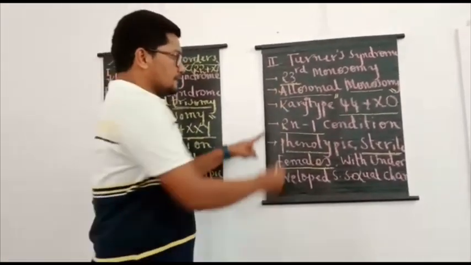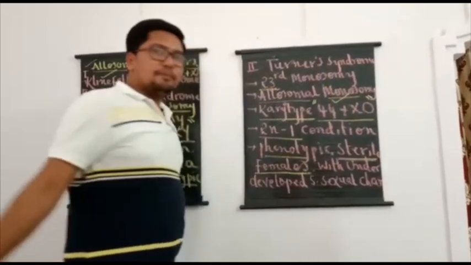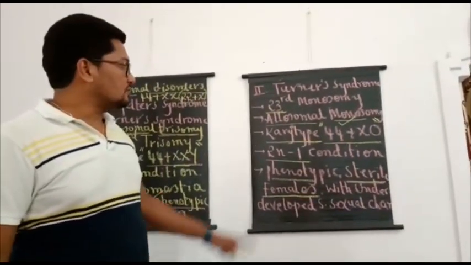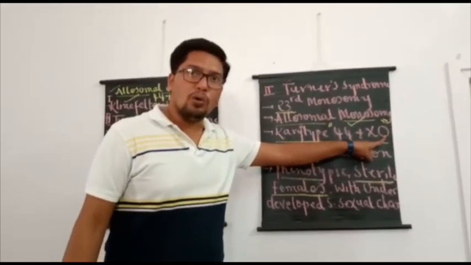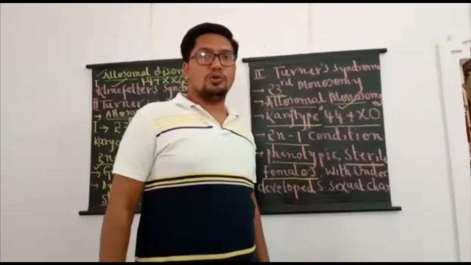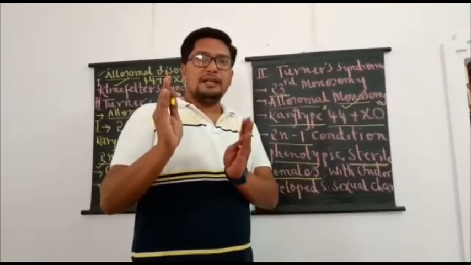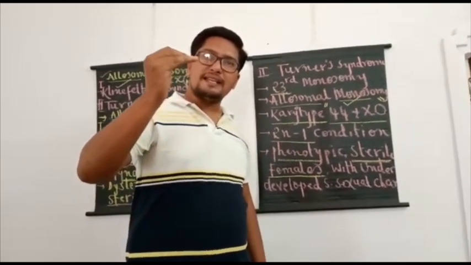So what is the karyotype of a baby born with Turner syndrome? Karyotype is 44 plus XO. So here O represents absence of a chromosome. And students, you know, normal female karyotype is 44 plus XX.